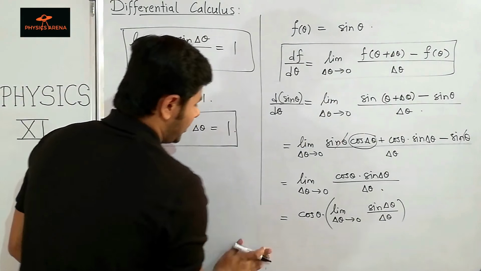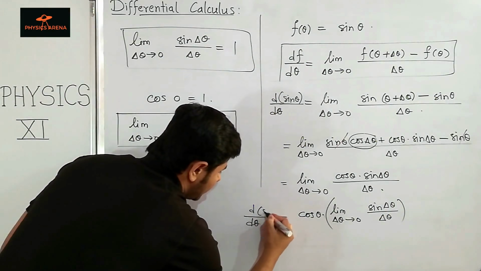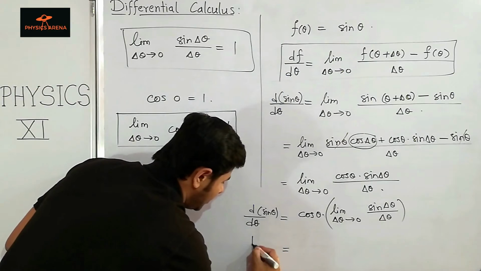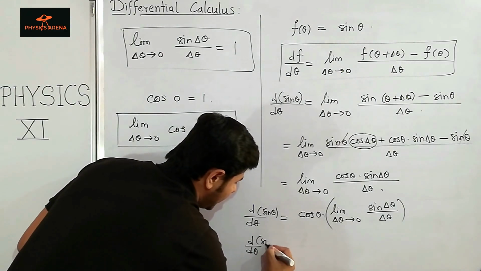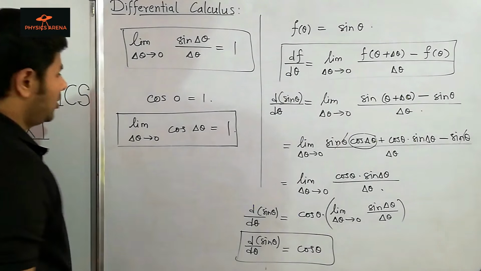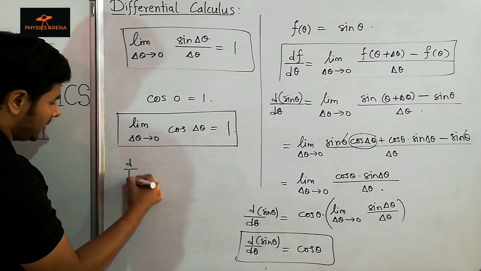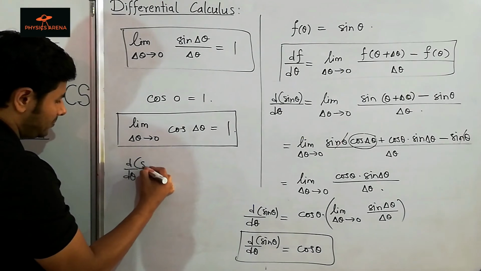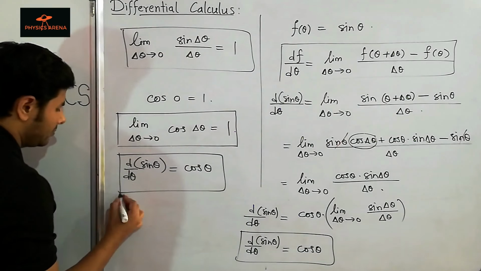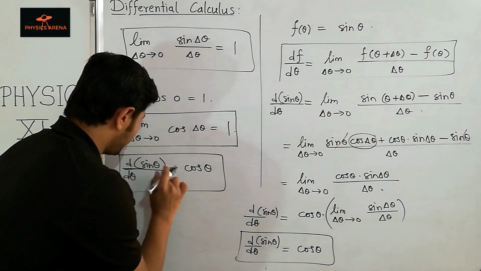So that's why we have d by d theta of sine theta equal to cos theta. Okay, let me write it somewhere else. So d by d theta of sine theta is equal to cos of theta, and we are going to remember this.